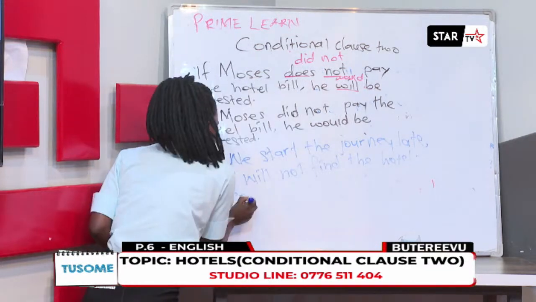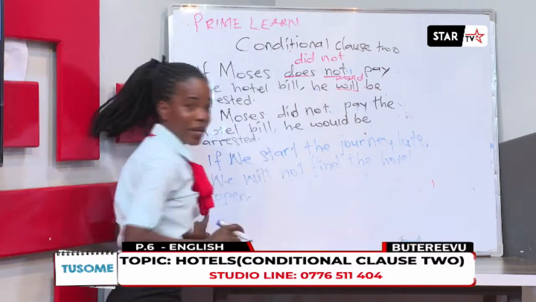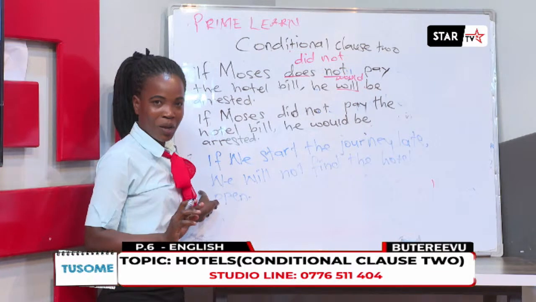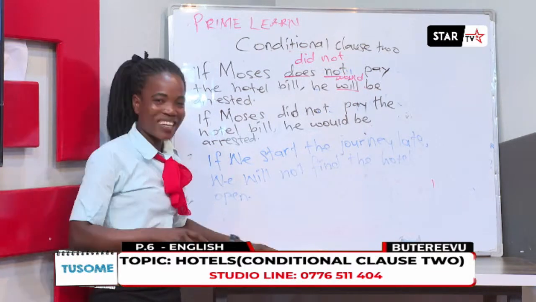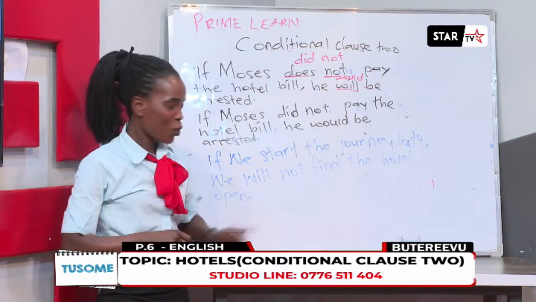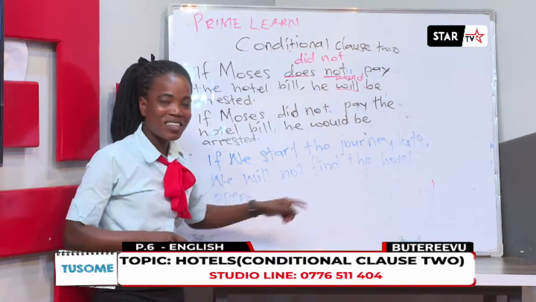If we start the journey late, we will not find the hotel open. My precious viewer, when you look at this example, it's a little bit different from the examples I've been giving you. This time we have the word not in the main clause.